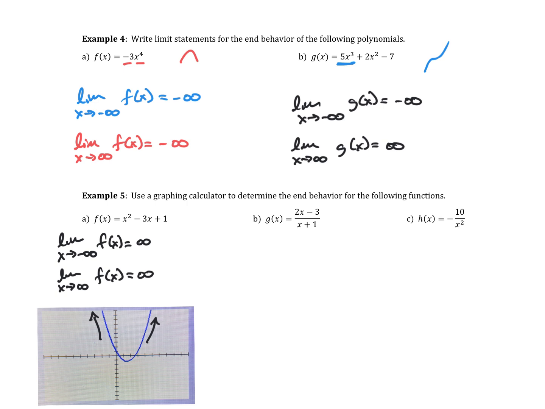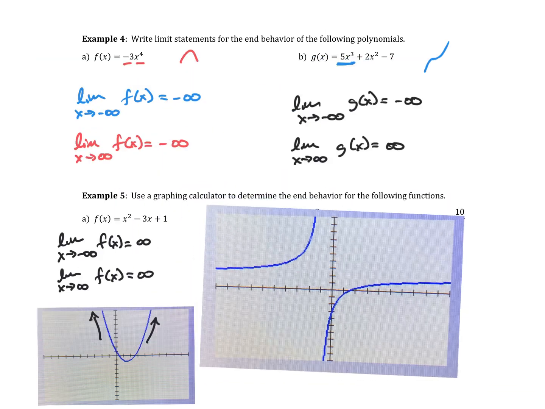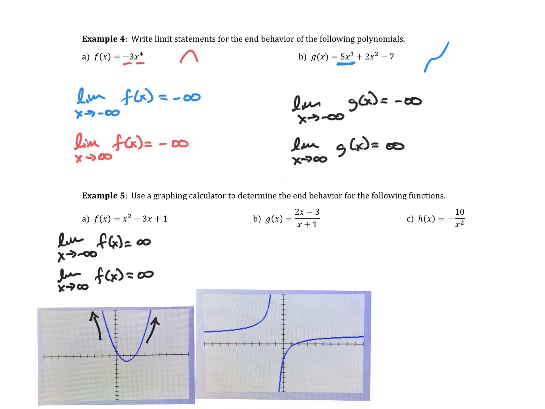All right, let's graph B now. All right, so when we graph part B, we should be graphing that. And now we got that one. Does it go to positive infinity or negative infinity on these now?